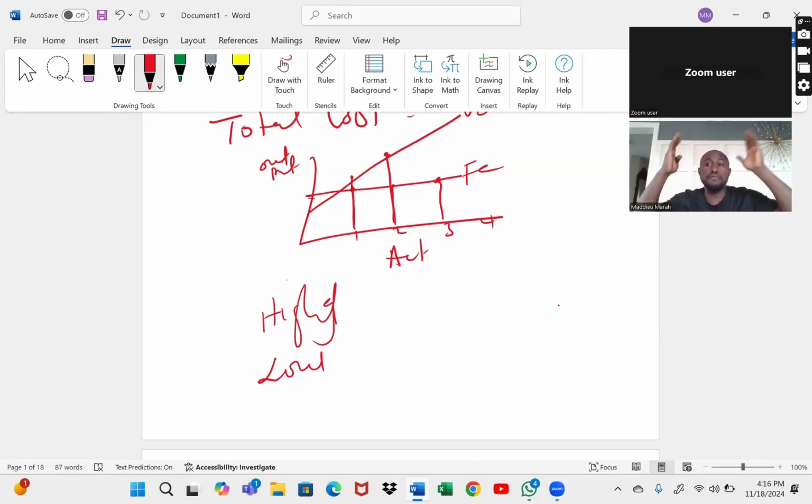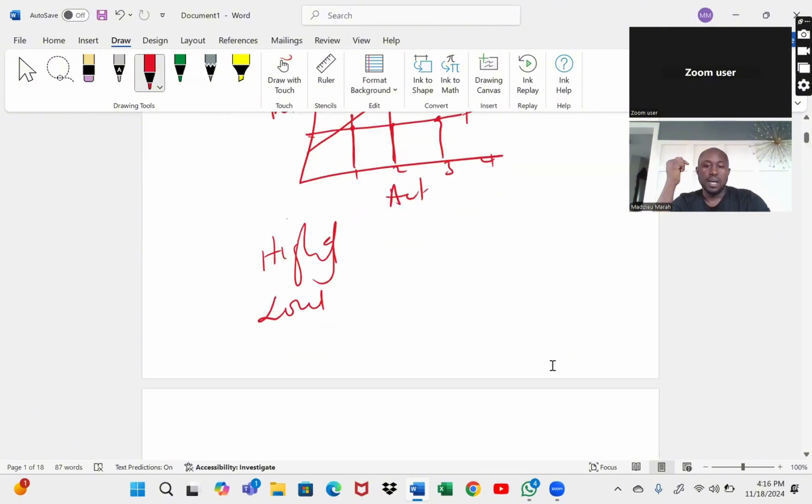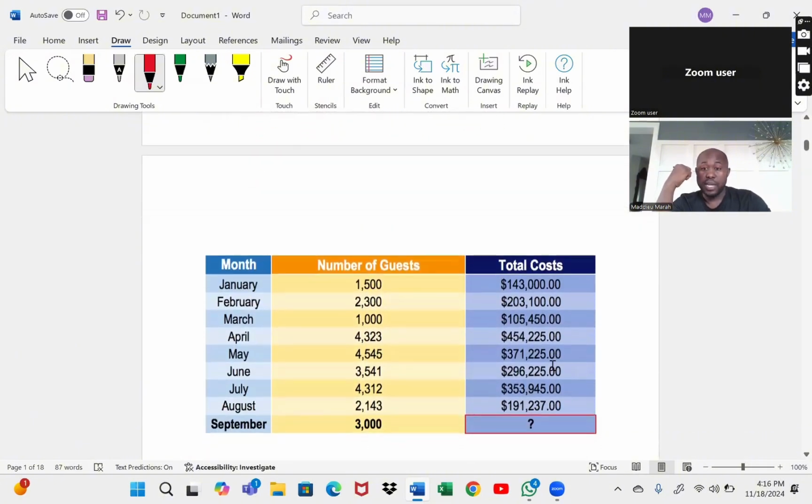You have different activities and their costs. So you identify the high activity and also the low activity. And those activities, trace them with their costs. Okay, then we can solve. That's how we calculate variable cost and fixed cost using the high-low method. So let's see an example of how we can treat the high-low method.